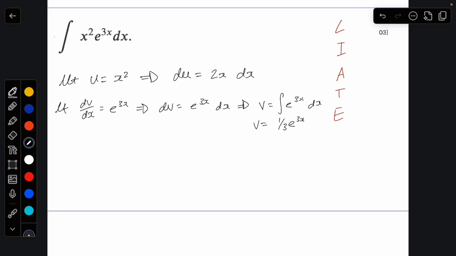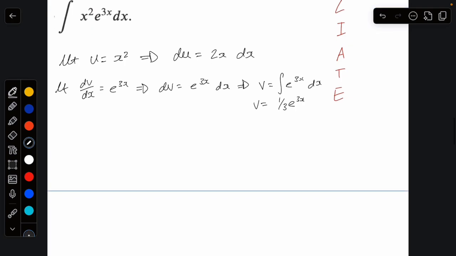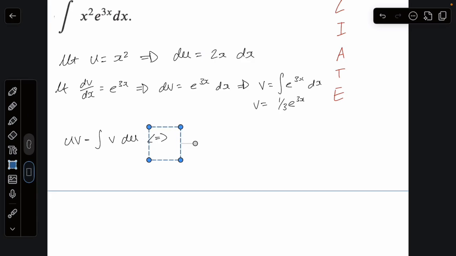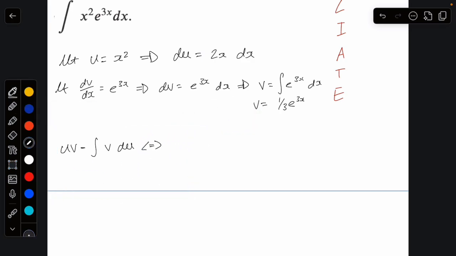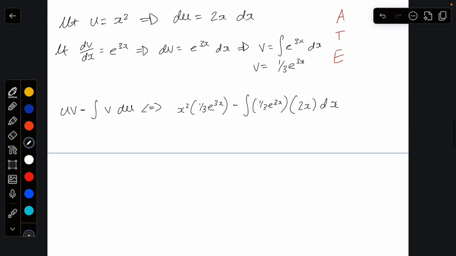Going back, remember, using uv minus v du, we're going to get x squared times a third e to the 3x minus the integral of a third e to the 3x, 2x dx.